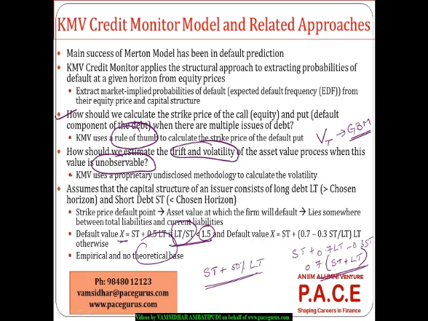How can I assume that the process follows a geometric Brownian motion when I am not even able to observe the market values of the asset at all? So they have used some of their proprietary undisclosed methodology to come out with the computation of the volatility. They are not using the volatility which has been used by the Merton model from the equity prices and all. So they are using their own proprietary undisclosed methodology for computing the volatility.